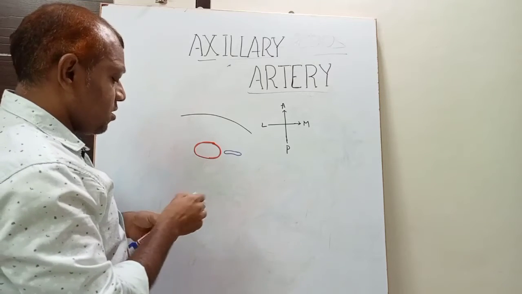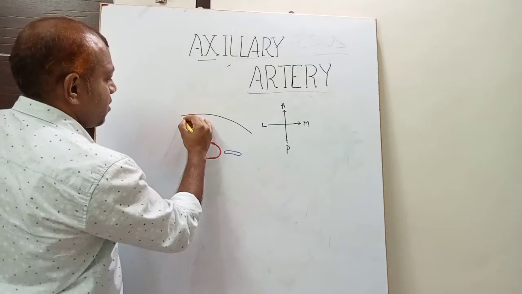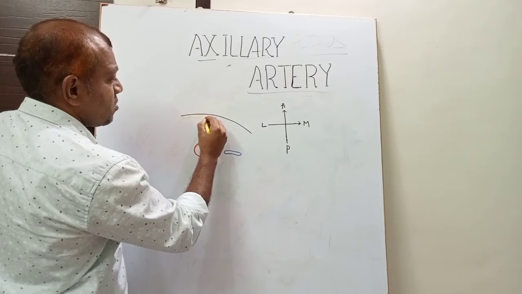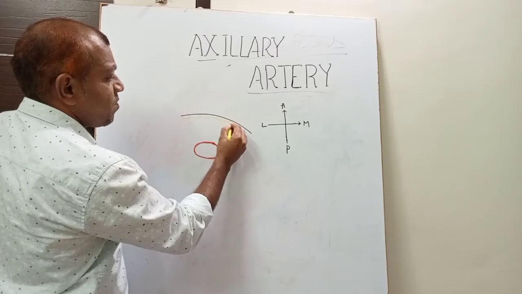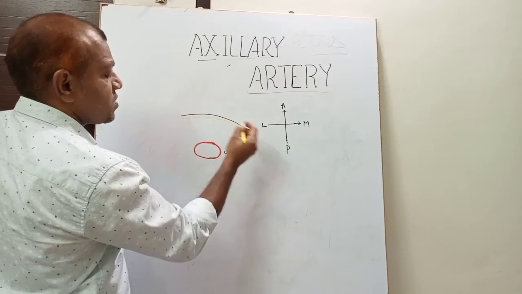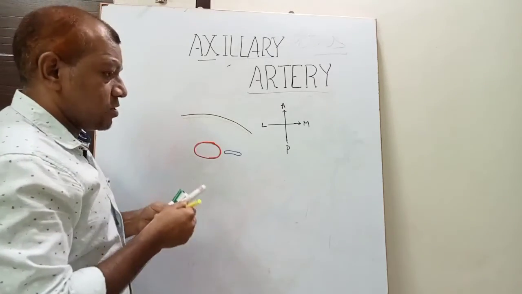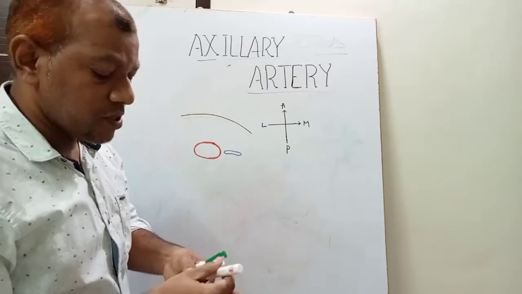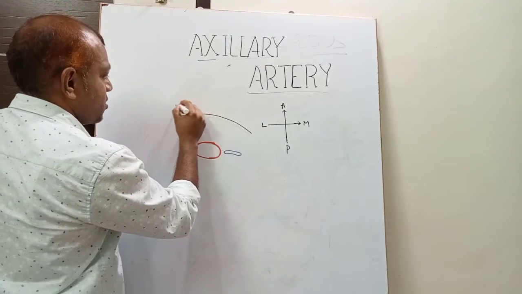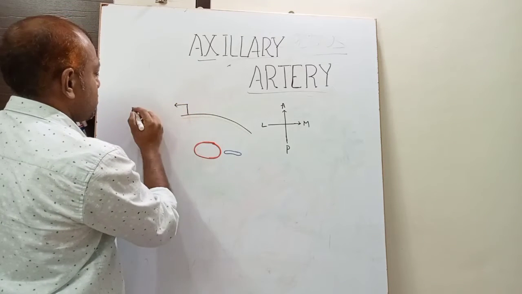Then underneath the skin we can identify the superficial fascia, and this superficial fascia consists of supraclavicular nerves and also the platysma muscle fibers which are extending. Please write down all these relations from anterior to posterior.